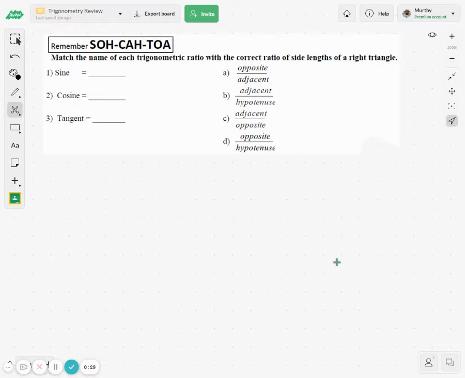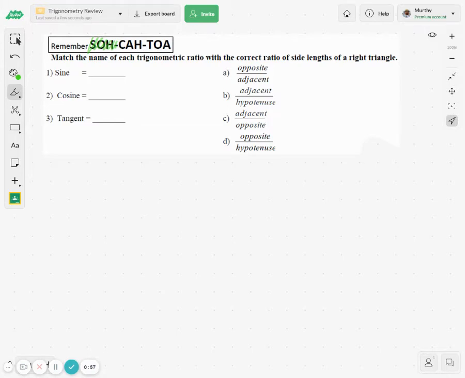In today's class, I'm going to revise the basic trigonometric ratios. First of all, remember Sohcahtoa. You know what Sohcahtoa is from my previous classes. I mentioned we take the first letters: sine equals opposite over the hypotenuse.